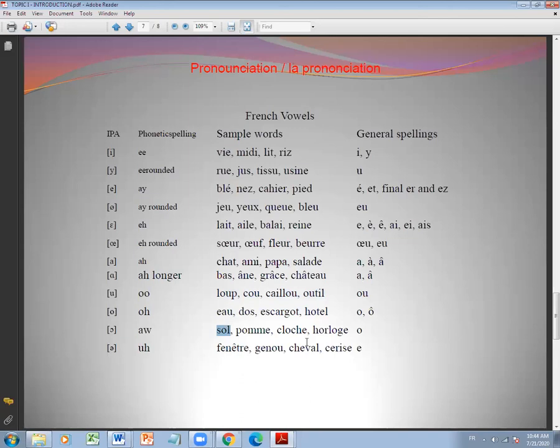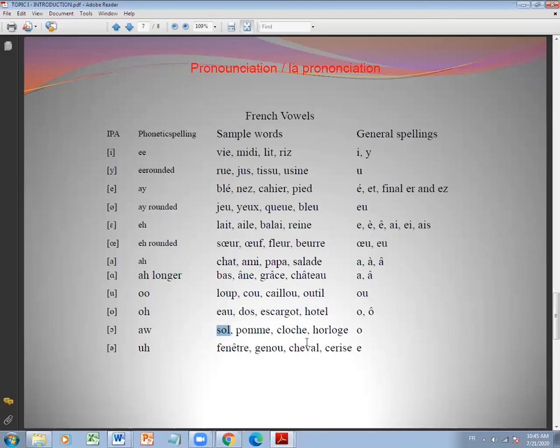So remember the cloche is the word you read earlier. Cloche is the bell, especially the church bell. The Catholics normally ring the bell. That's what we call cloche. But the horloge is the clock on the wall.